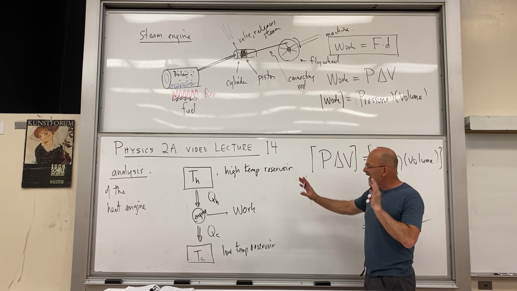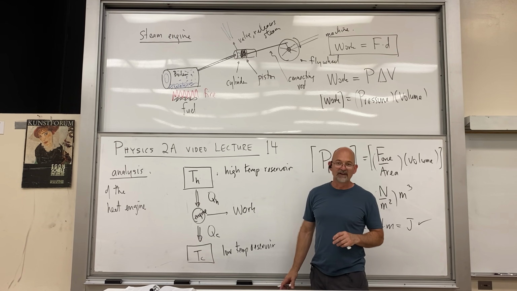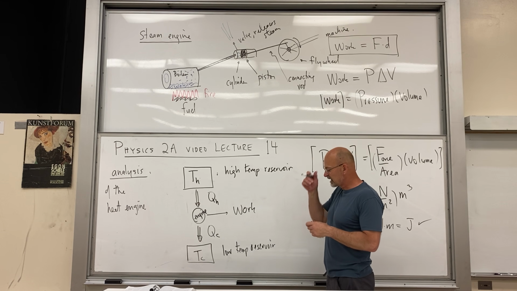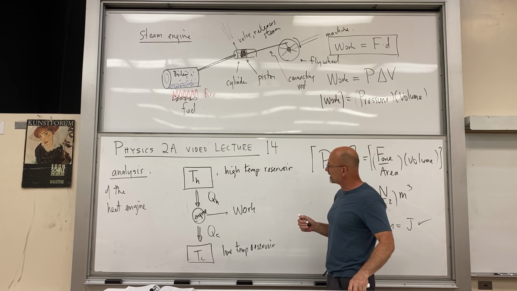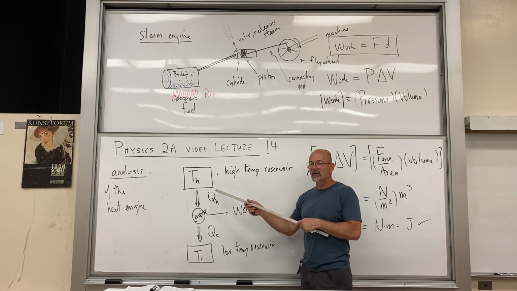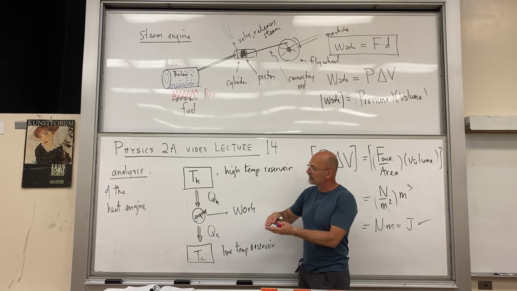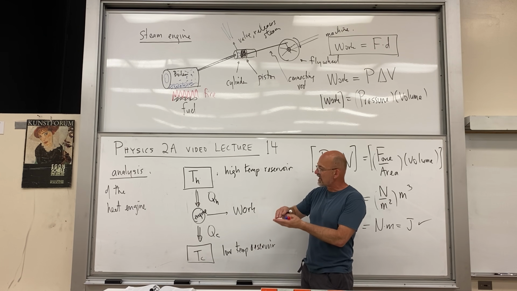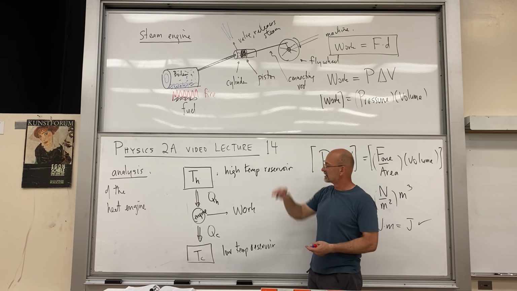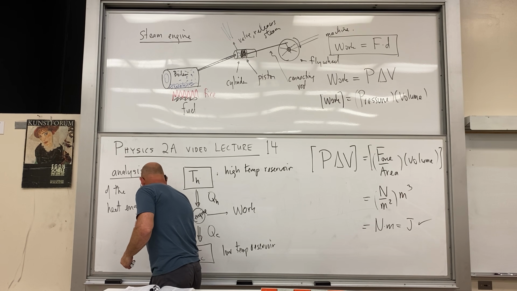And this abstract schematic can be applied to most all heat engines. It can be applied to the Christmas pyramid. There, the high temperature reservoir is the hot air under the turbine. The low temperature reservoir is the air above. Okay, so let me put that little Christmas pyramid here just to remind us.